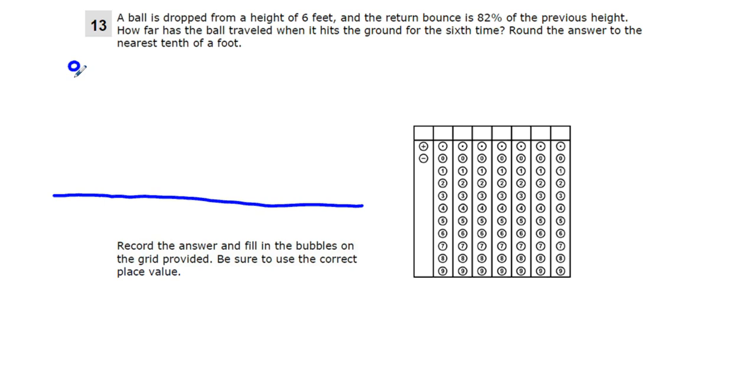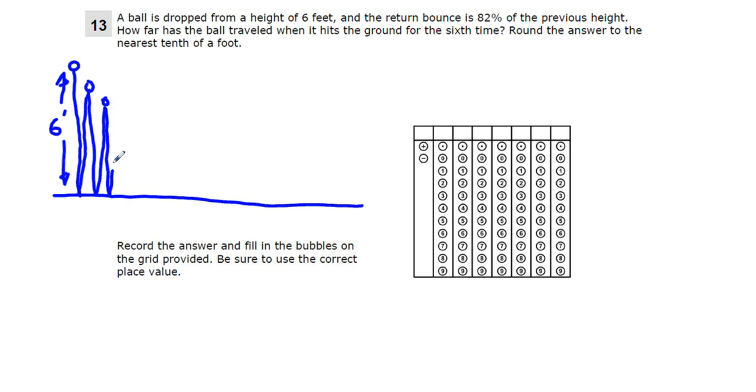So you have the ball that's dropped from 6 feet. Okay, so here's 6 feet. And then the ball bounces up once to 0.82 of that. Okay, that's our bounce. Come down, hit the second time. 0.82 of that. Come down here.